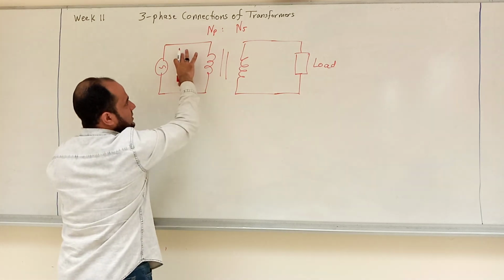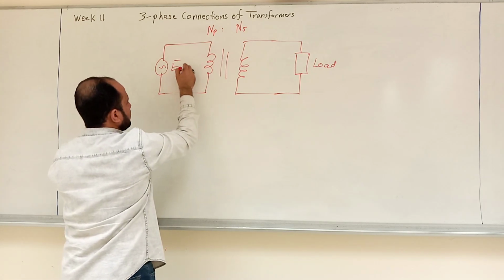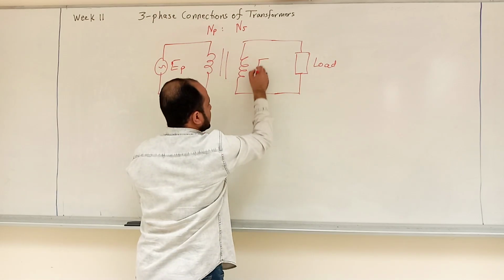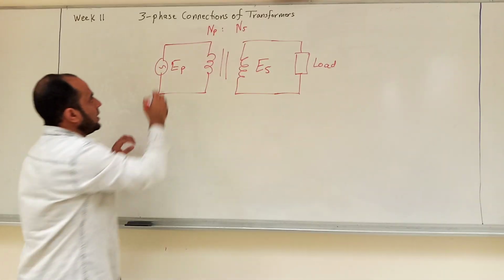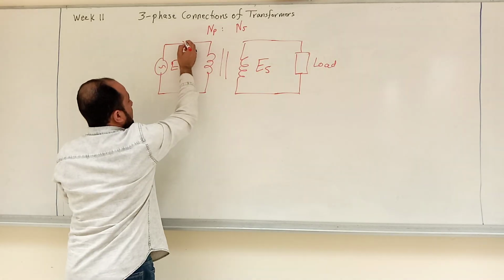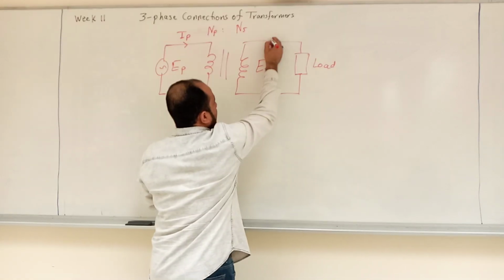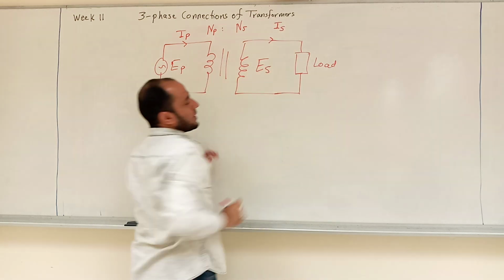So the voltage in the primary is EP, and the voltage in the secondary is ES, right? So once you connect them, there will be a current here that flows in the primary, that's I primary, and here a current that is delivered to the load, and this is I secondary, right?